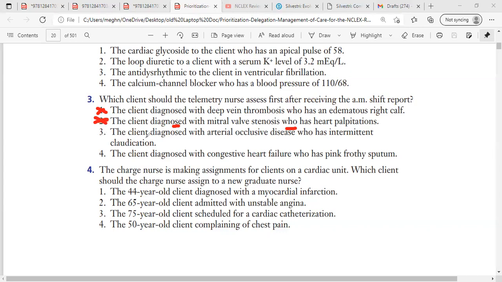Next, the client diagnosed with arterial occlusive disease, who has intermittent claudication.